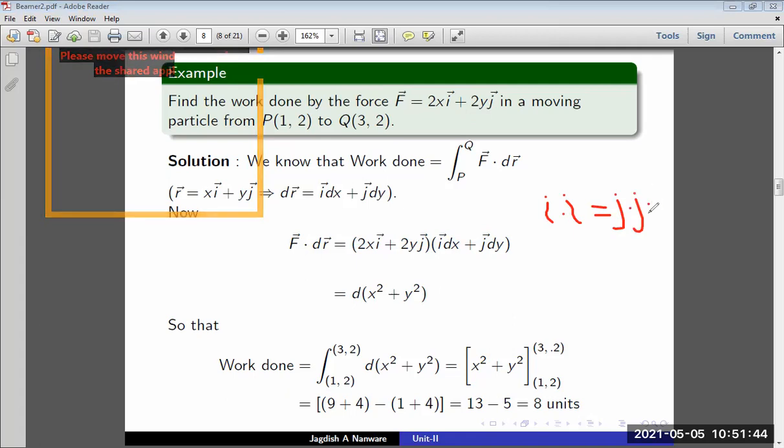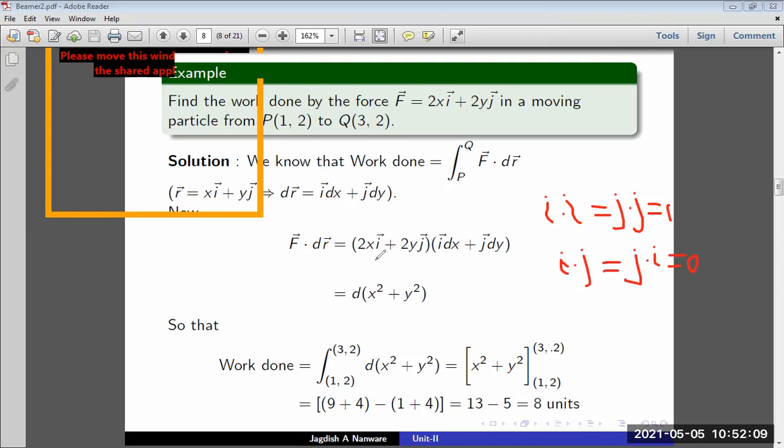So these two products are 1, right? Their value is 1. And i dot j, j dot i, these are different vectors, so this dot product is 0, that we know, and we use this here.